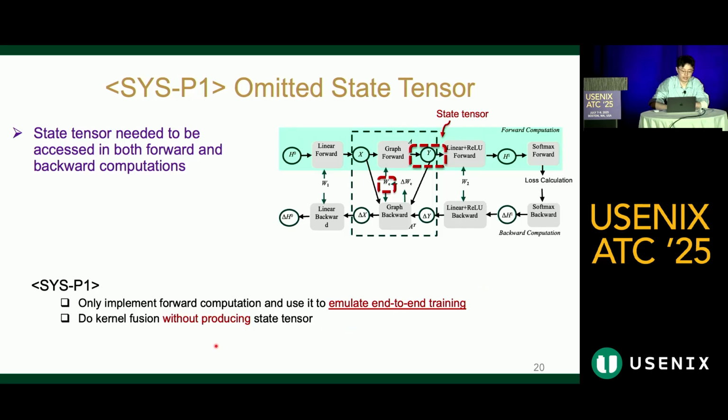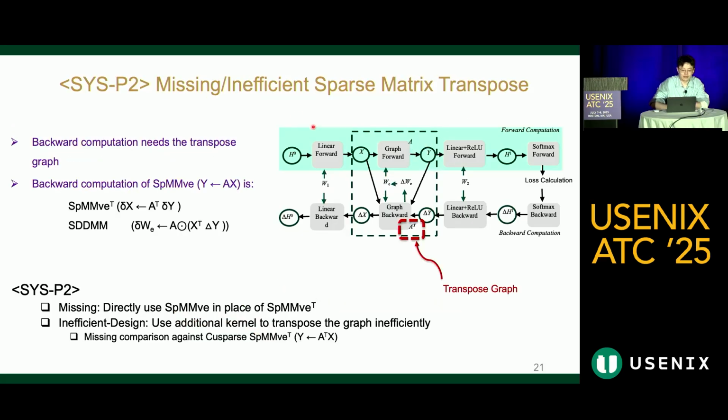Some other works do kernel fusion, however, without producing the state tensors. The second system design pitfall is missing or inefficient sparse matrix transpose. In the forward part, we need to use the graph. However, in the backward part, we need to use the transpose graph. We find that many prior works did not consider this requirement.